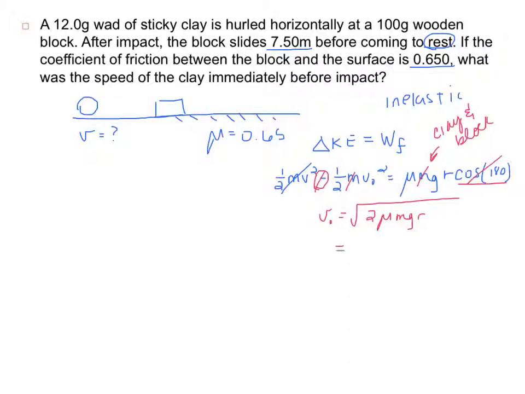So our velocity should be the square root of 2 times our coefficient of friction times, we canceled out the mass, gravity, I'm going to use 10 here, times our distance traveled, which was 7.5 meters. You should have gotten a velocity of 9.87 meters per second.